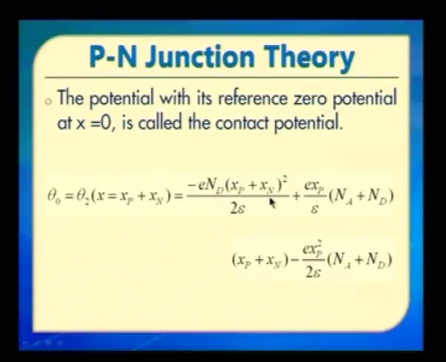So Xp plus Xn is the width of the depletion region, that divided by 2 epsilon, plus e into Xp by epsilon into Na plus Nd, and then Xp plus Xn, minus e into Xp square by 2 epsilon into Na plus Nd. That is the expression for the contact potential.